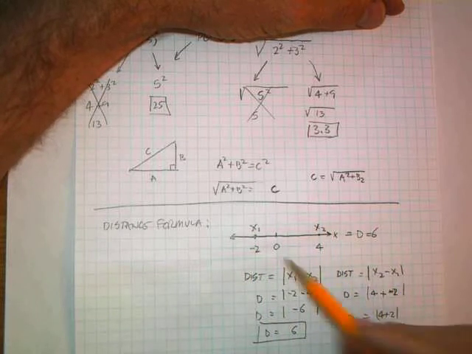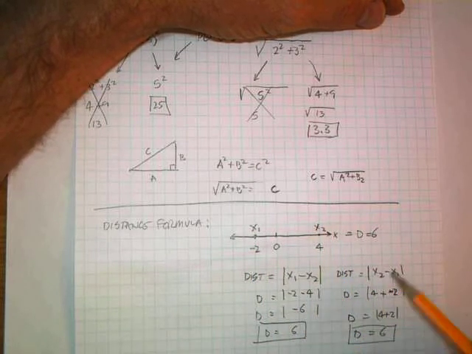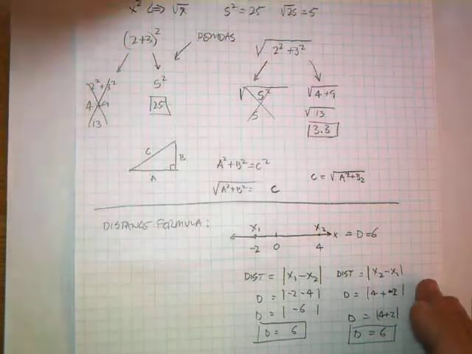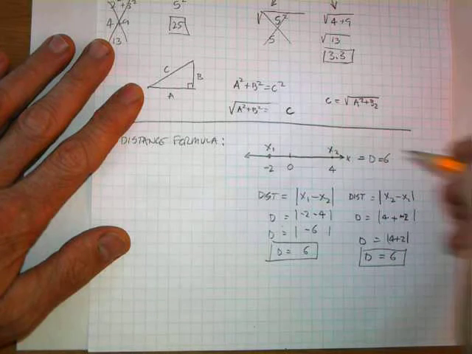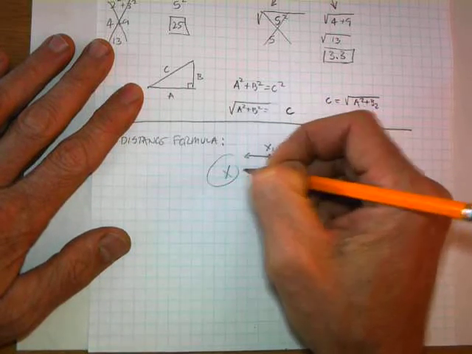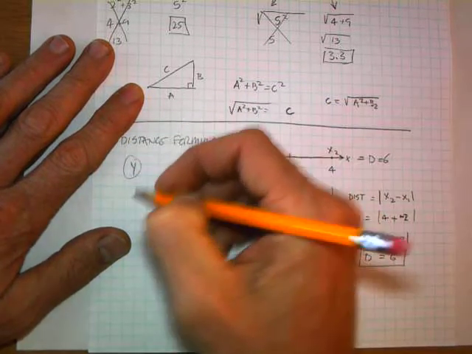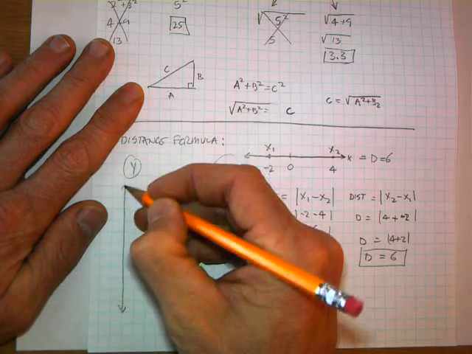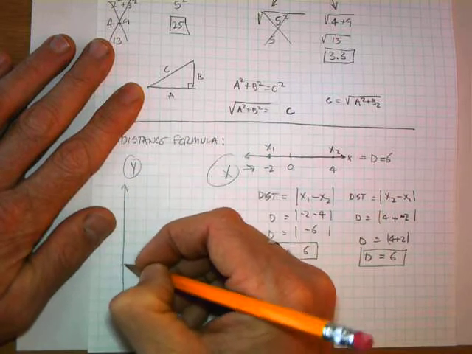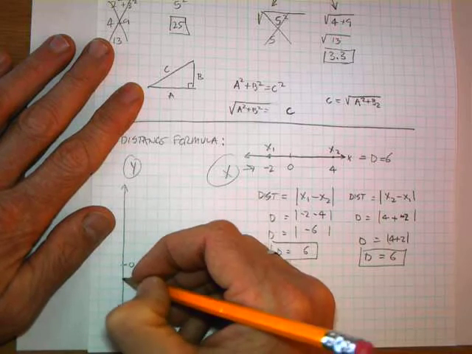Now, what if we do this exact same distance formula, except now we're going to do them in the y direction. So this is the x over here. But what if we do it in the y direction? So now let's make a similar line down here. We'll call this 0, and let's just pick a point.